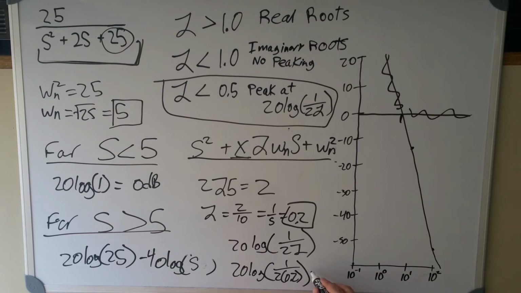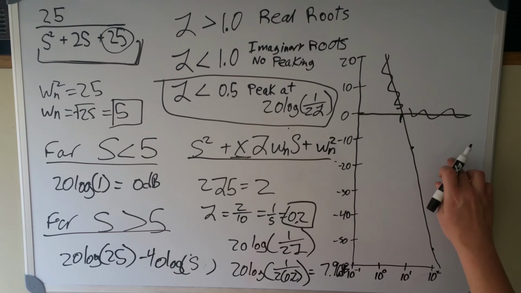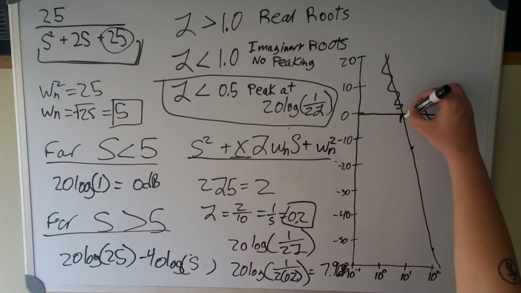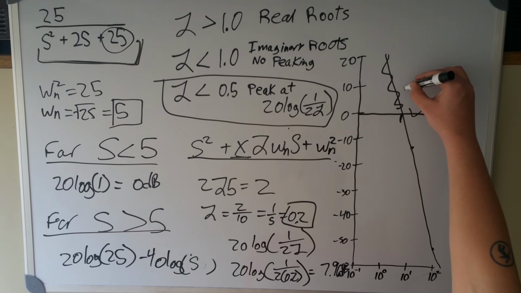And that gives us 7.96 dB. And then from there we know that there is peaking at 7.96. Let's just call it 8. So then from here we know there is peaking at this point, going upward to about 8. So right here there is peaking.